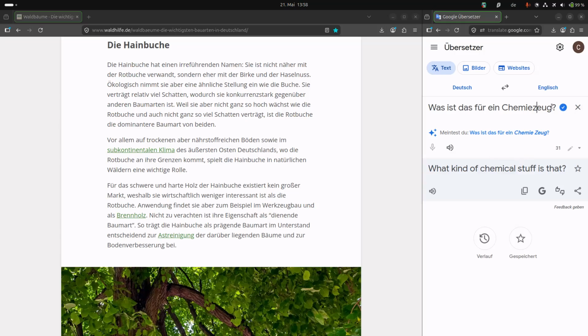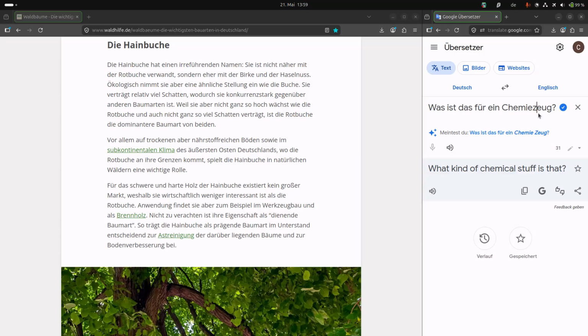But Zeug is rather, this is also important to mention, colloquial, so a slightly negatively impacted word. I think you get what I mean. So Zeug is not necessarily the most high German sophisticated word you could use.